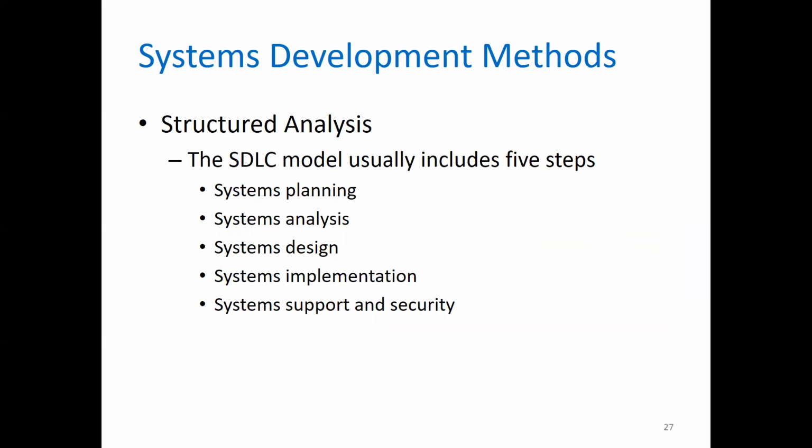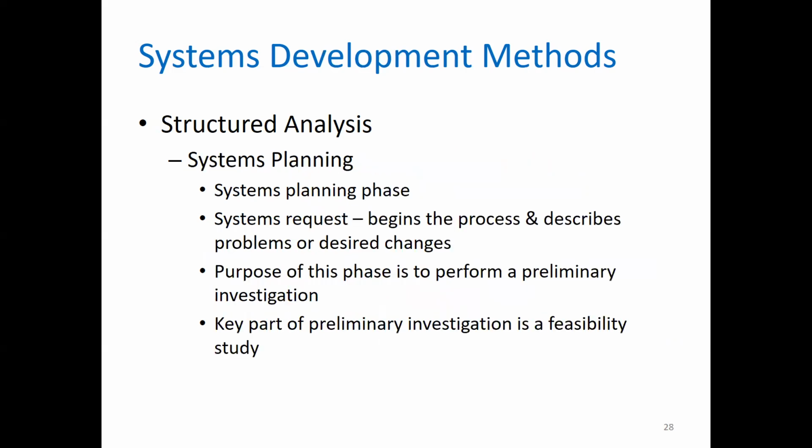So generally, structured analysis follows an SDLC model and includes five steps: systems planning, systems analysis, systems design, systems implementation, and systems support and security. The very first phase is systems planning.